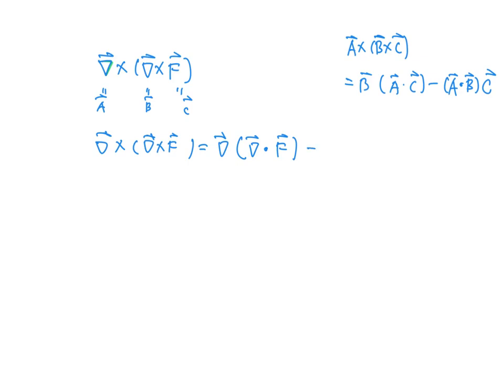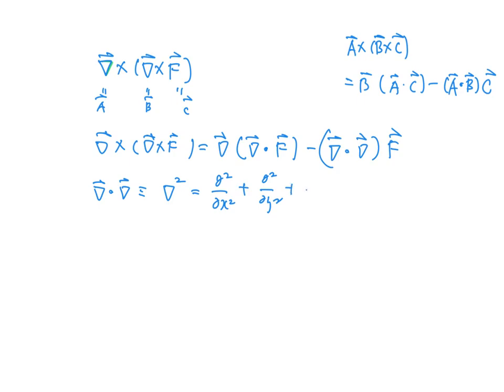Minus, because the operators come before the function. And this particular operator is called del square, which is partial x square, partial y square, partial z square, and is called the Laplacian.